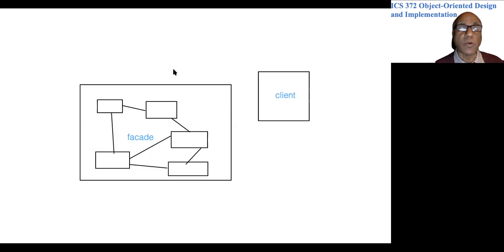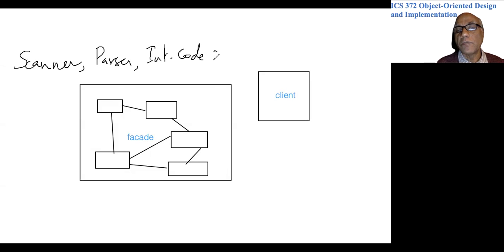An example that is provided in the literature is that of a compiler. For example, the Java compiler. In any compiler for that matter, if you have taken ICS 365, you probably know that there is a scanner, there is a parser, there is an intermediate code generator, there is a code optimizer, and there is a code translator or machine code generator.